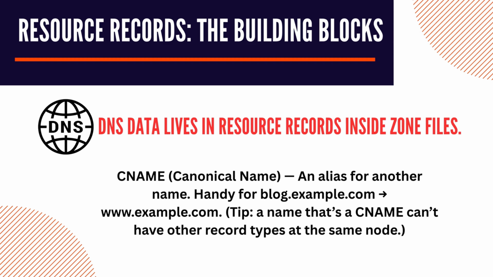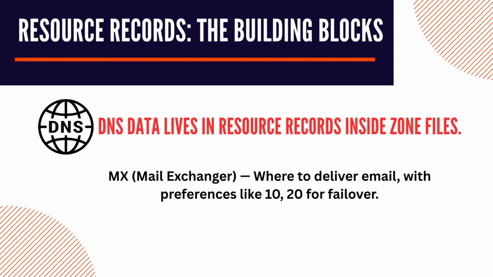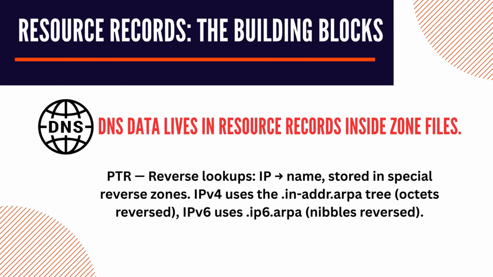CNAME, canonical name: an alias for another name, handy for pointing blog.example.com to www.example.com. A name that has a CNAME can't have other record types at the same node. MX, mail exchanger: where to deliver email, with preferences and failover. PTR, reverse lookups, IP to name, stored in special reverse zones.